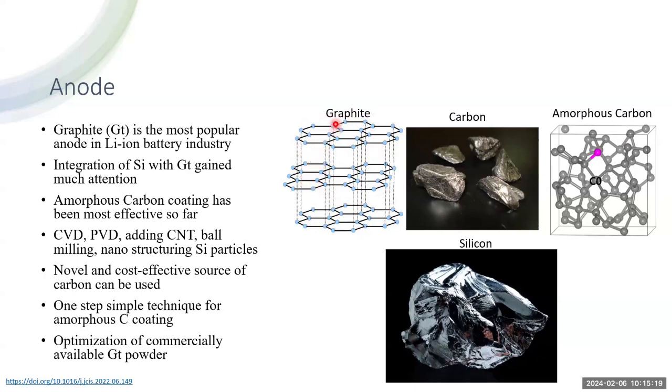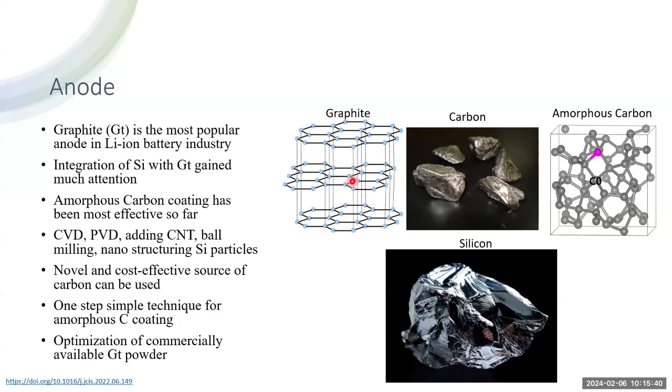Again, you can see in this hexagonal structure, between this hexagonal shape, there is also a space. Lithium can also stay in this space as well. So that's how the lithium is stored inside the graphite. And what is the good thing about graphite?